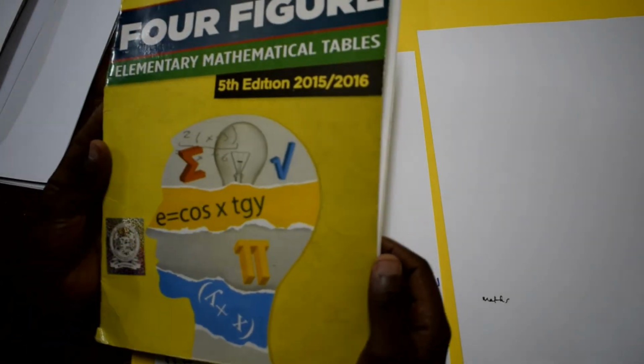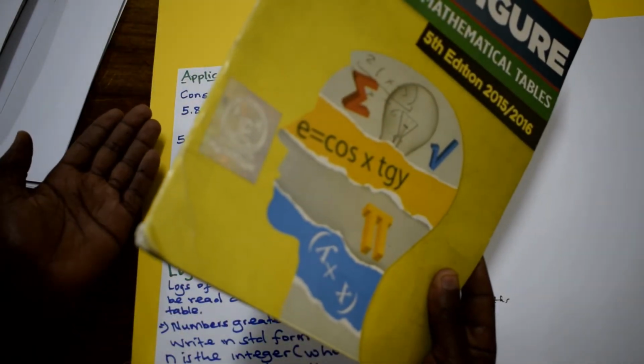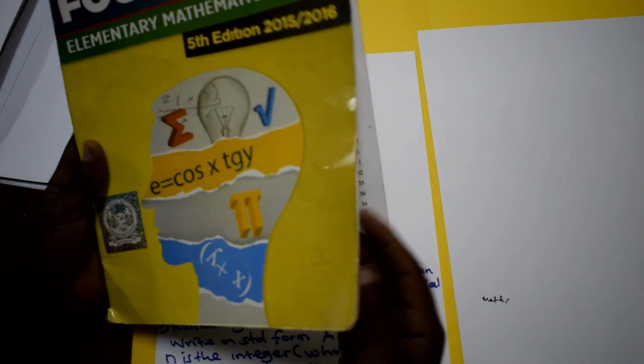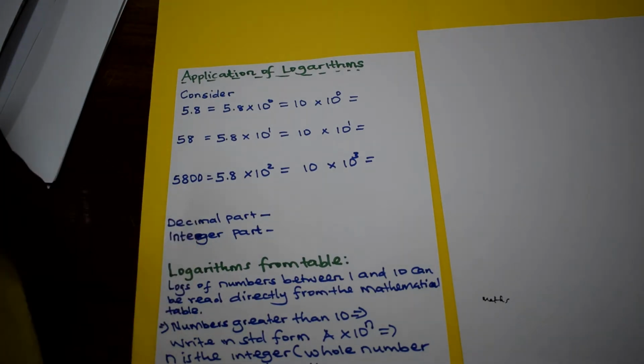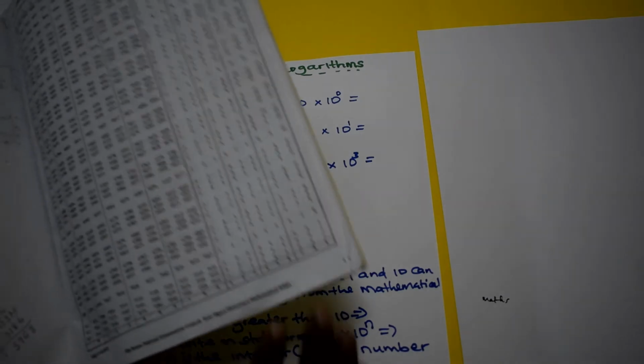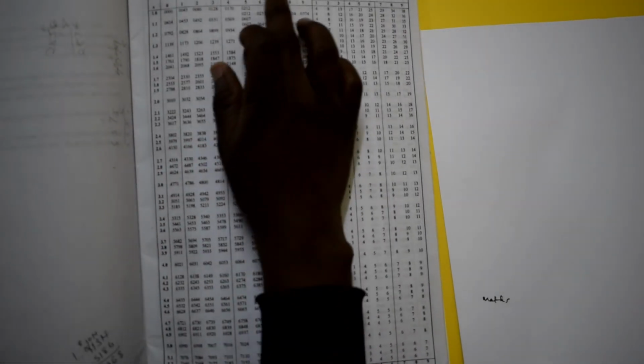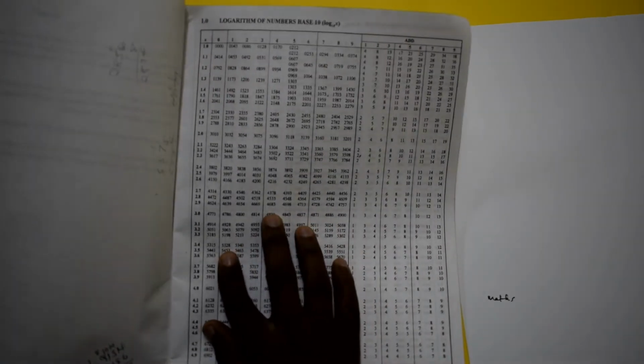Remember, we use the 4-figure mathematical table to find the common logs. The table gives us logarithms to base 10, and when we are doing logarithms, we have log of x to base 10.